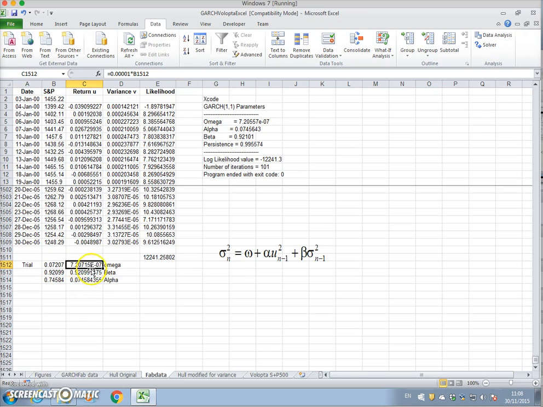And these parameters that we just optimized correspond very closely to the values that we got from Xcode. So if we look at this, there's 7.207, and for the beta value here, 0.92101. So it is approximately the same.